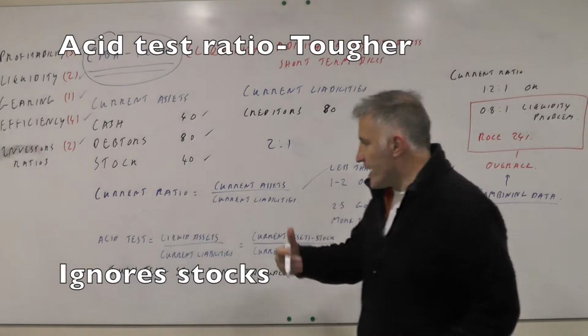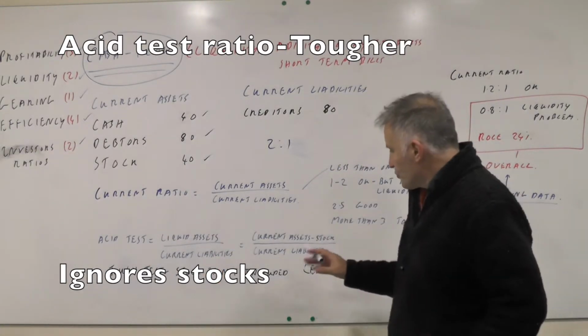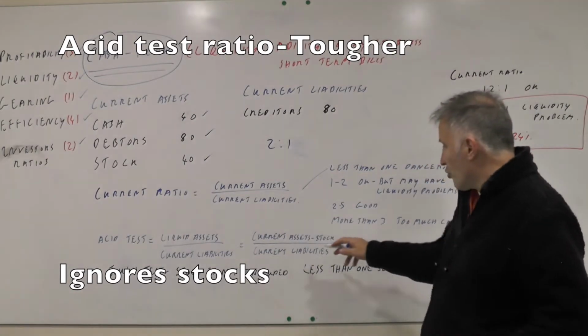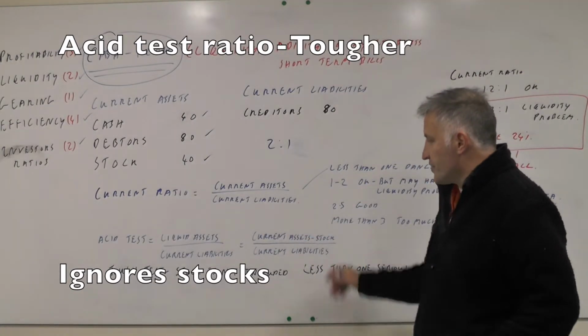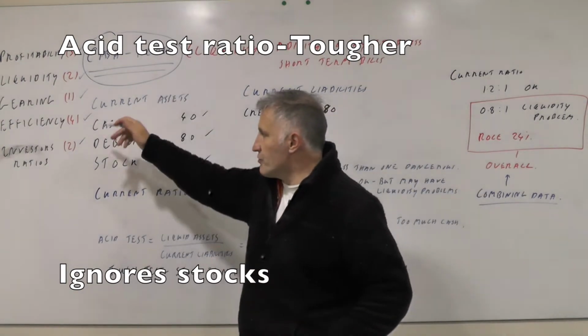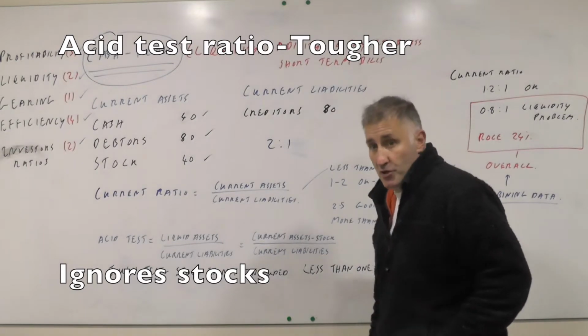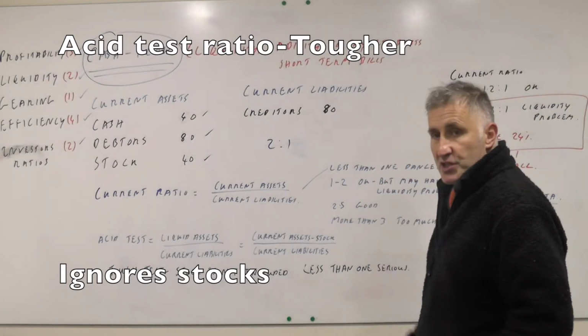So as regards the acid test ratio, we would also not have a liquidity problem. You can also write it as current assets minus stock divided by current liabilities, and that's how they put it on the exam paper. All of these ratios are written out on the exam paper, apart from gross profit margin and net profit margin. However, you do have to understand them.